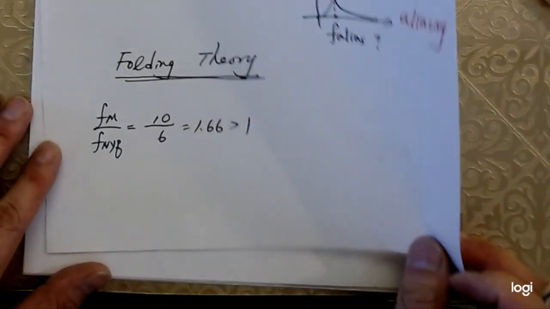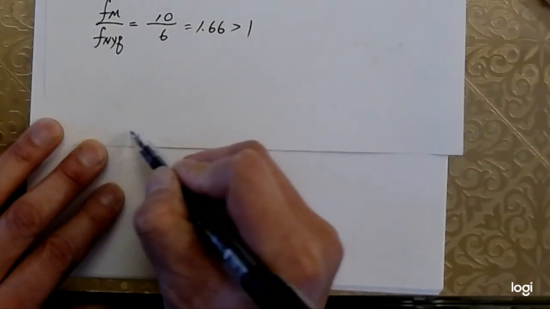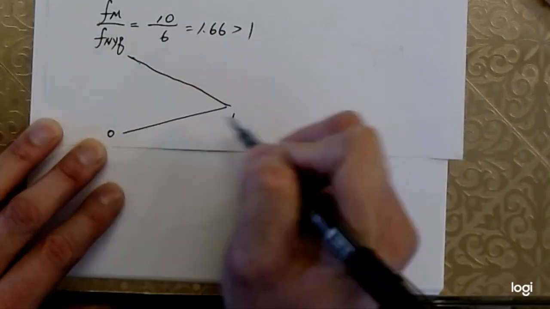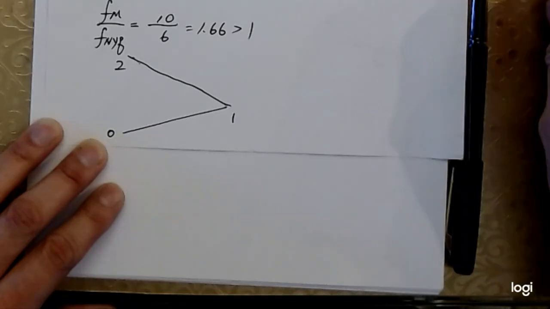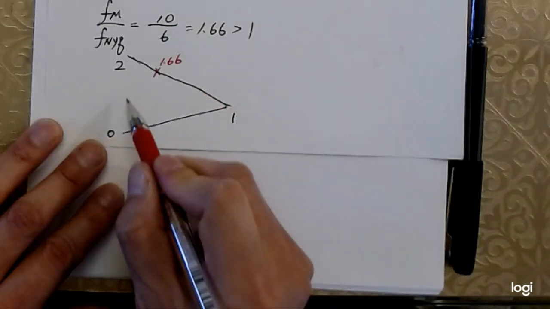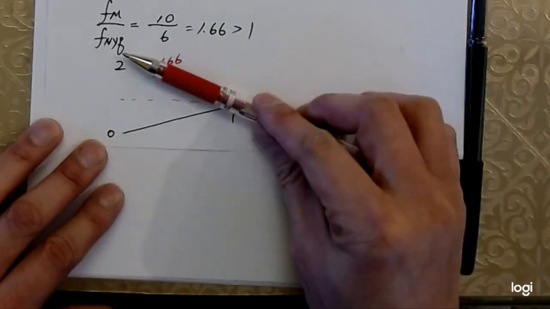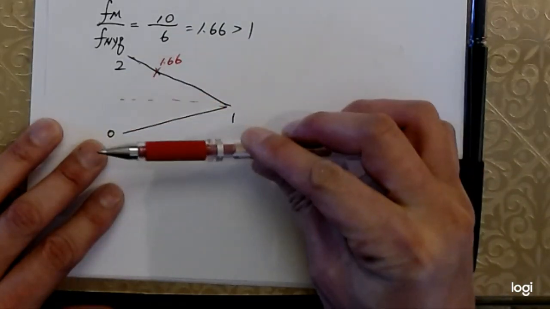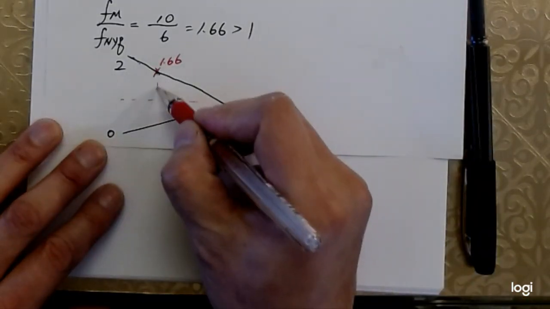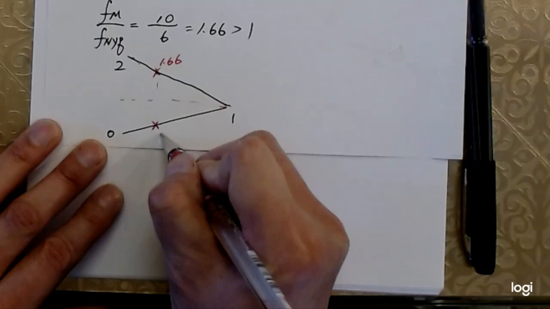So let's use the folding theory. 0 and 1, 1 and 2. So right now 1.6 is right here. So it's symmetric about this horizontal line. So this will fall back to the 0 to 1 range. So it will be right here, which is 0.33.